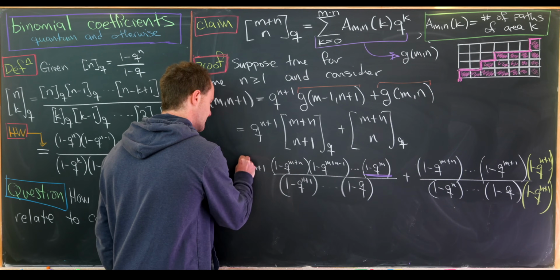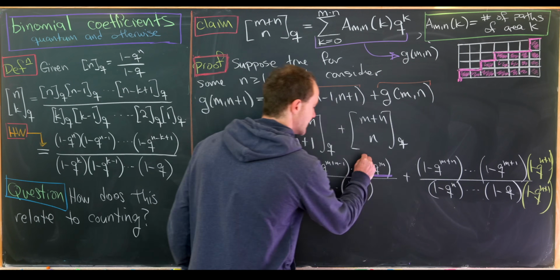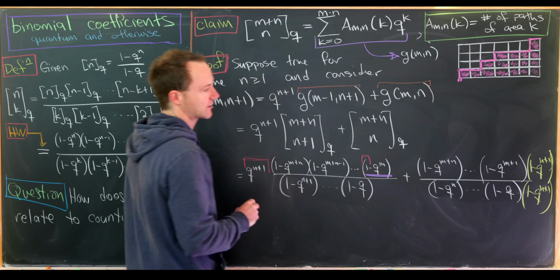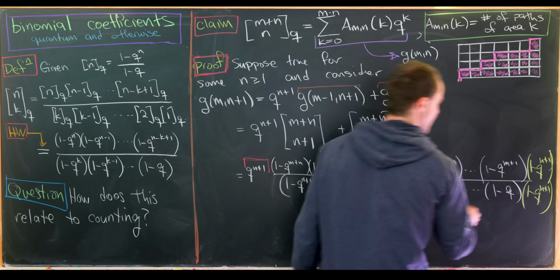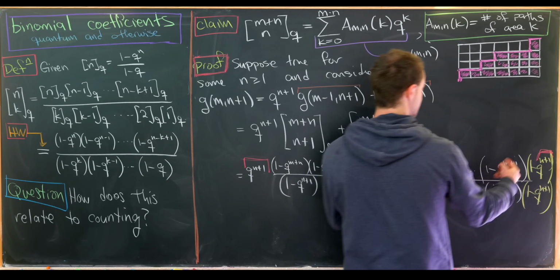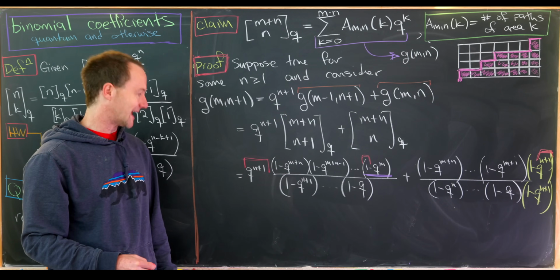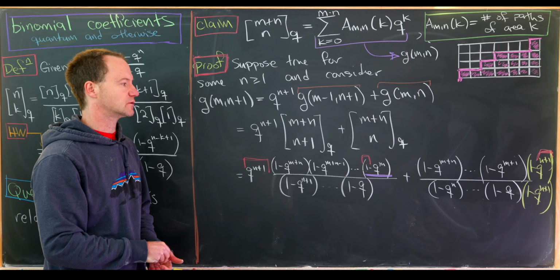So notice multiplying this q to the n plus 1 onto the number 1 right here, and then onto all of the other terms as well, along with multiplying this q to the n plus 1 onto all of the terms right here will cancel. So in other words, all of these red overlined terms will cancel.